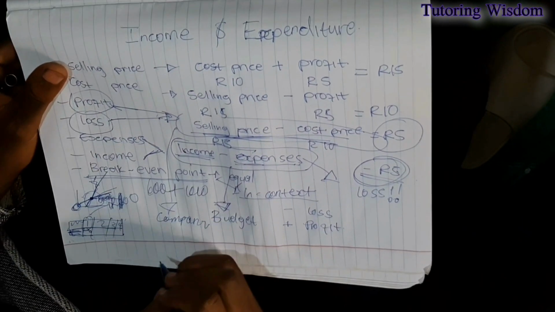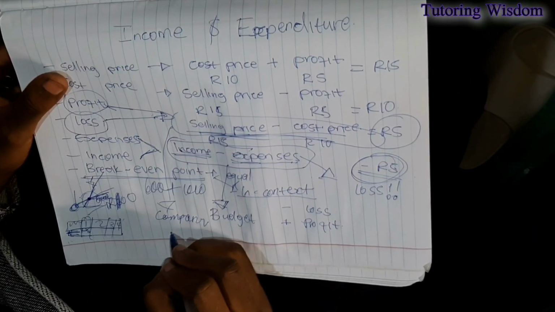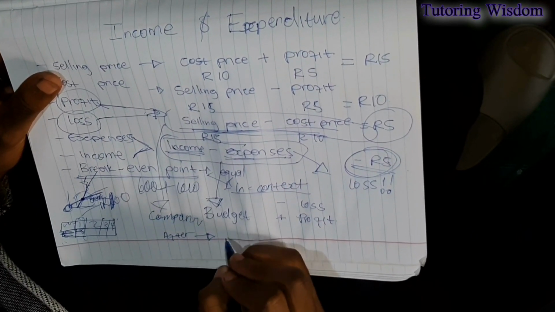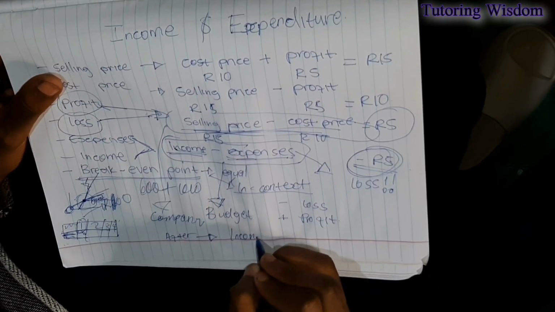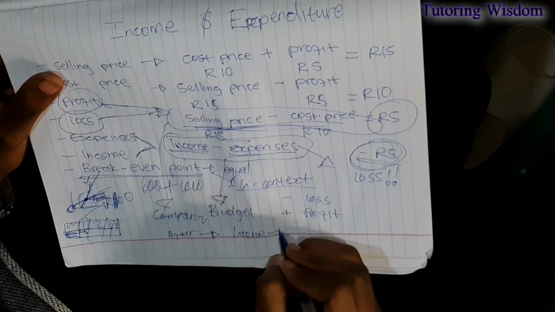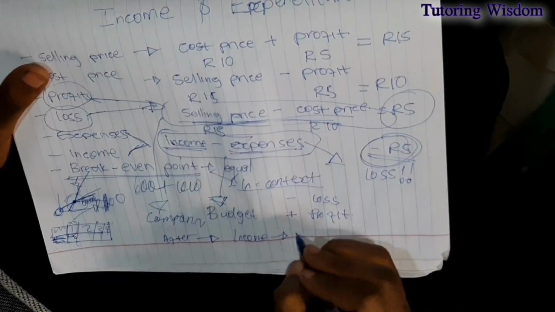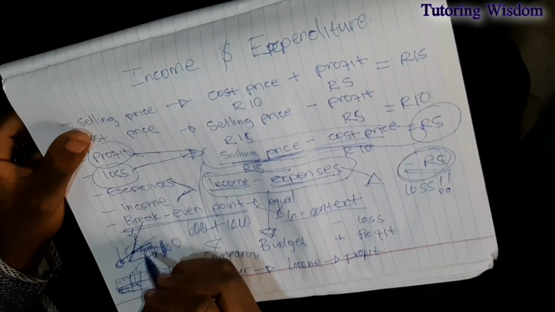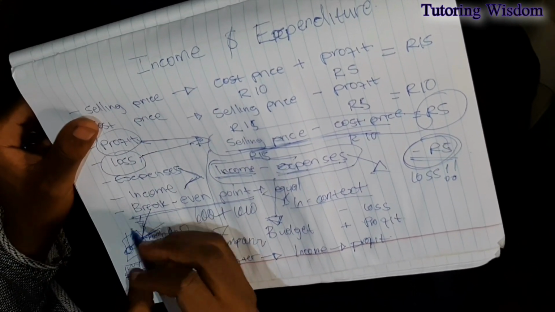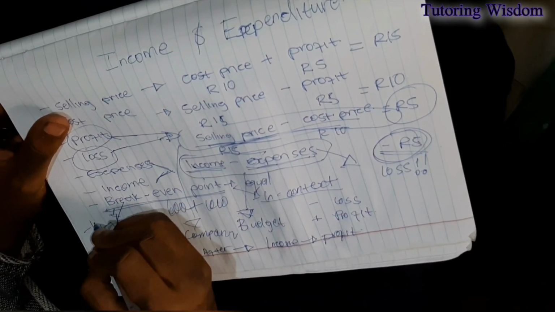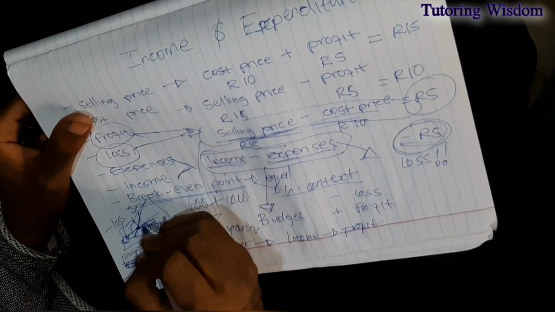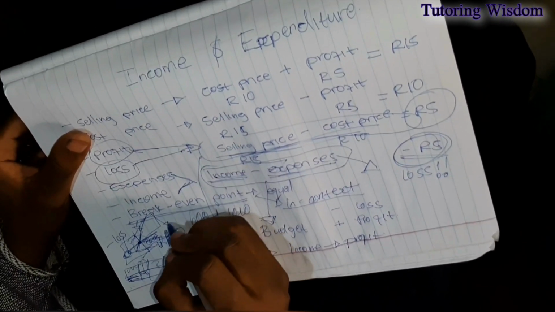And remember this, after your break-even point, your income starts to increase, which means after your break-even point, now you are getting profit. The section before your break-even point has no profit, which means you get a loss. But the section after your break-even point is your profit.